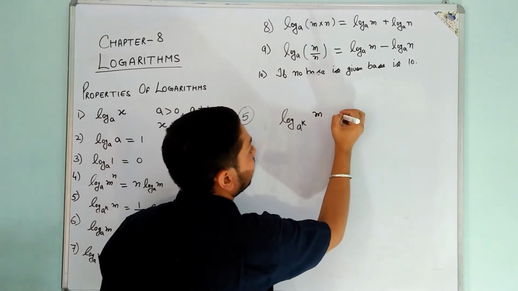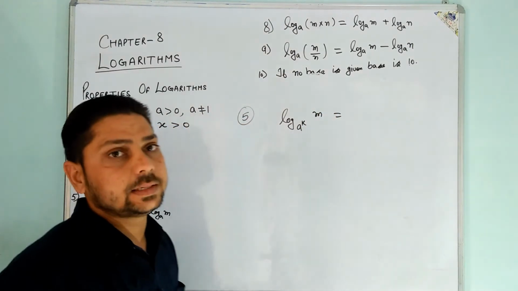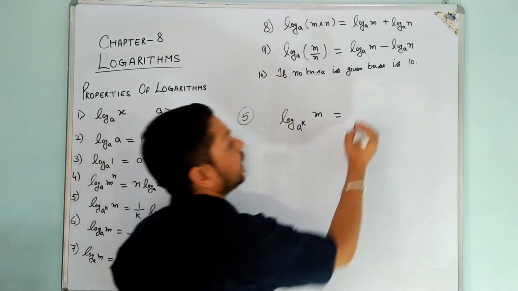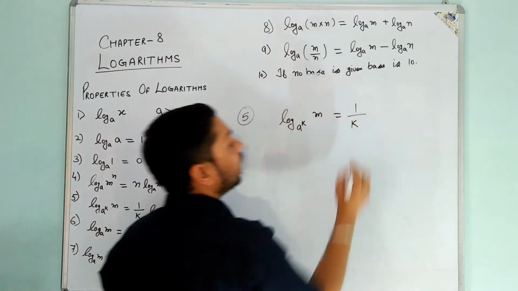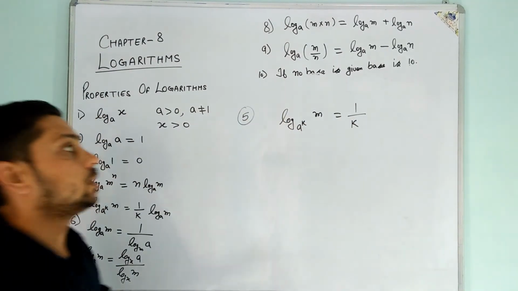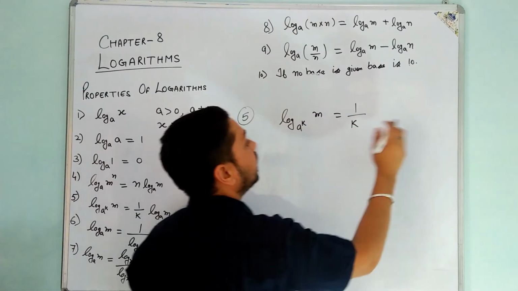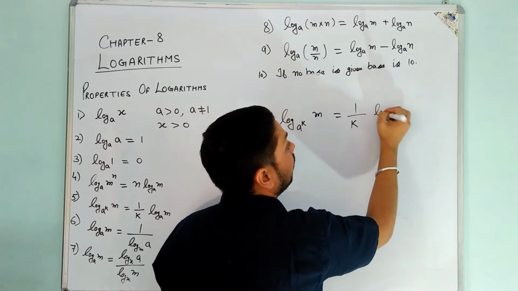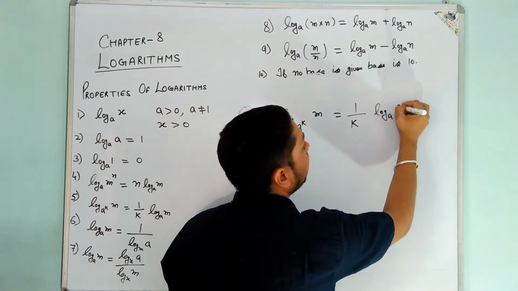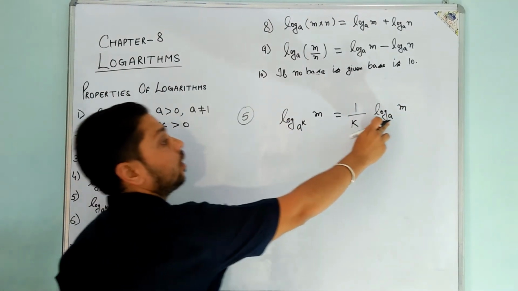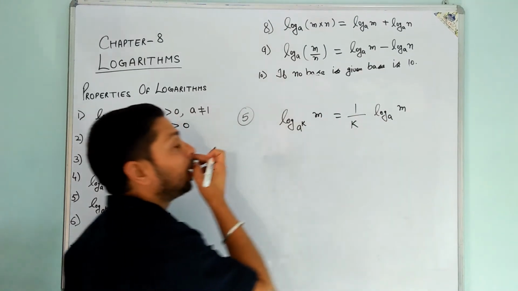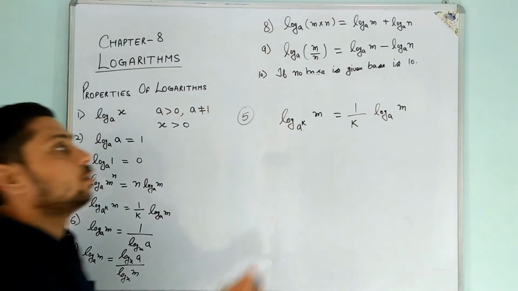If the base has a power, then in that case the power will come as 1 by k times. Here we have k as a power of the base, then it will give you 1 by k log of m with base a. We remove the power here and it will get multiplied by 1 by k.